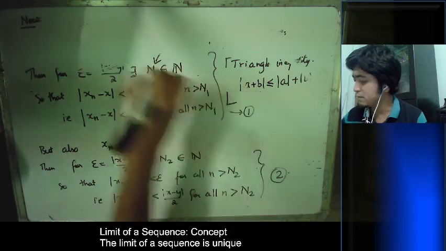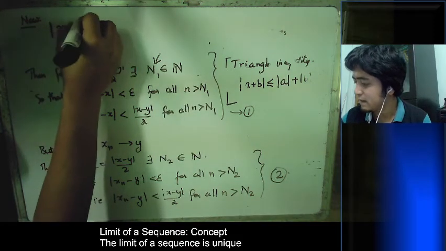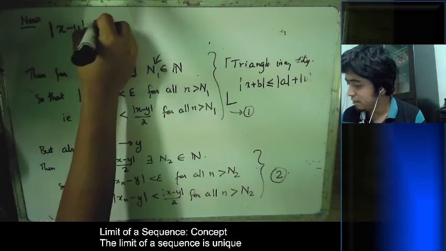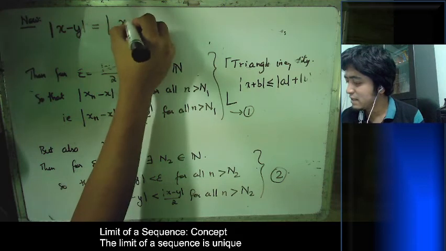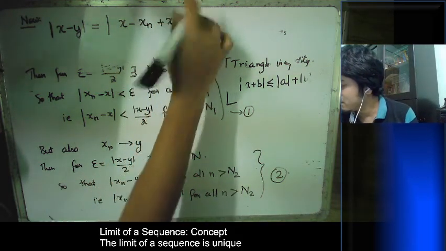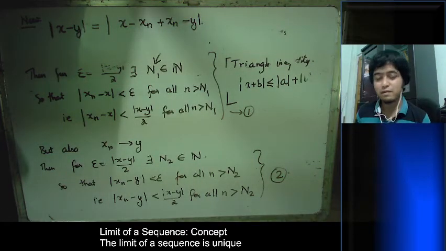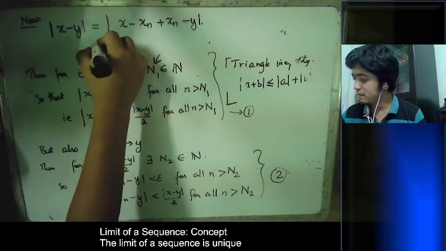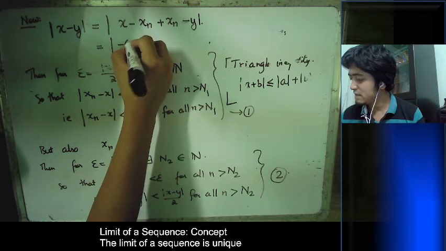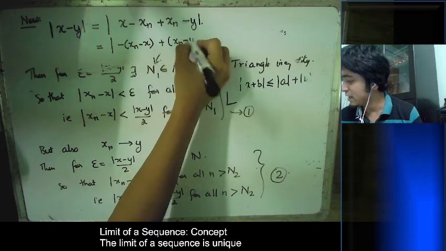So a plus b, I will write |x minus y|. Now we can simply write it as x minus xn plus xn minus y. Now we can split this one in this way: minus (xn minus x) plus (xn minus y).